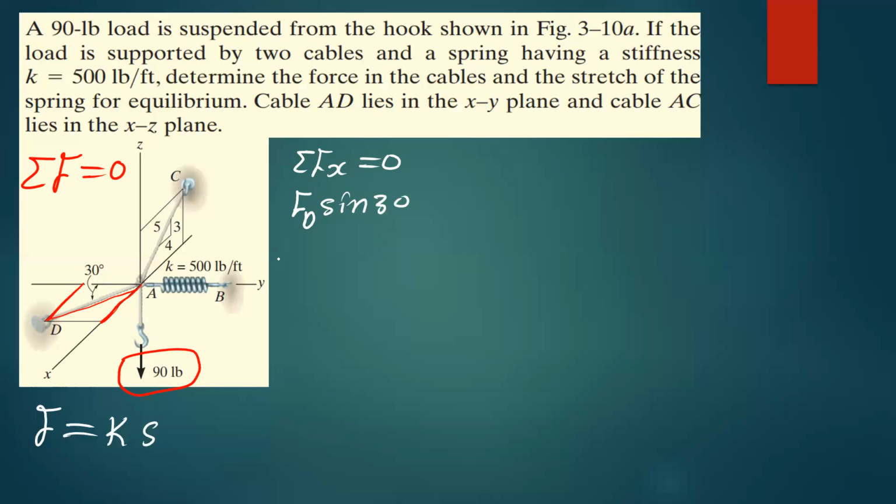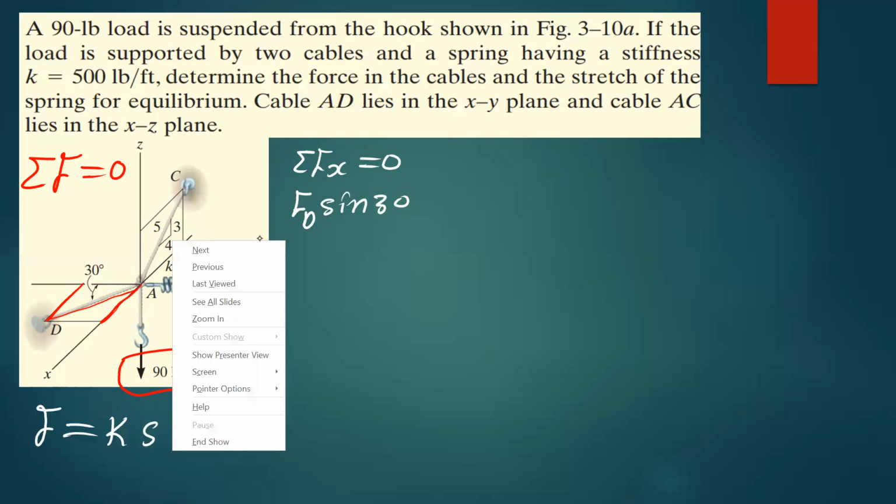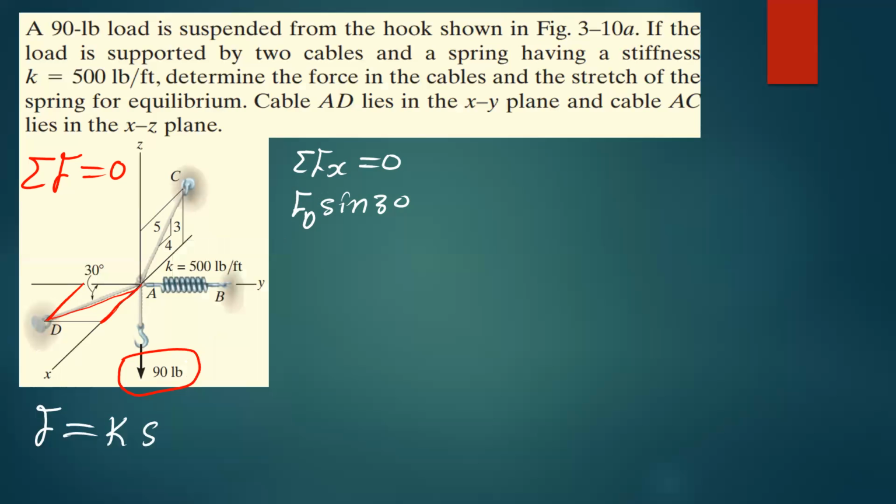And then we move on to the x component of C. Do we have the x component of C? Yes, we have. When you look at C, C has moved 4/5 units.